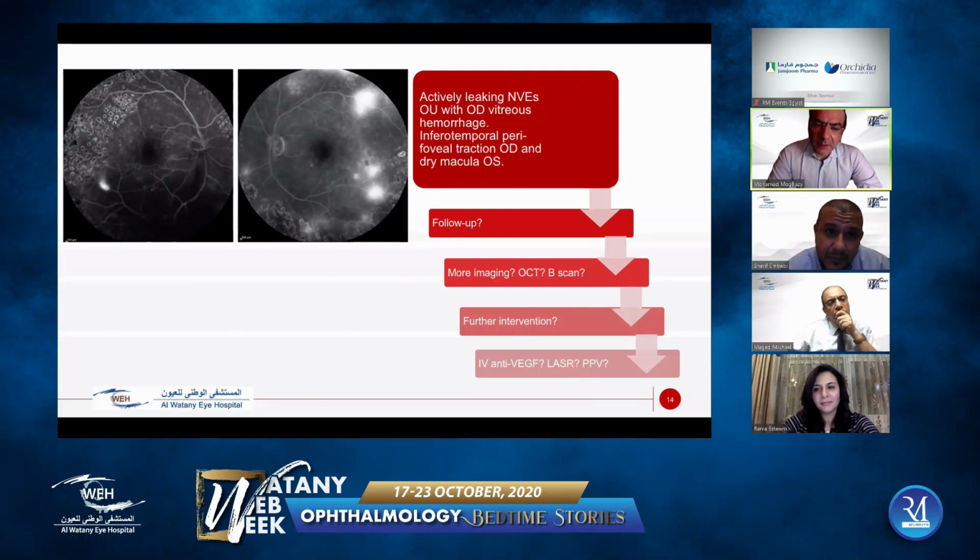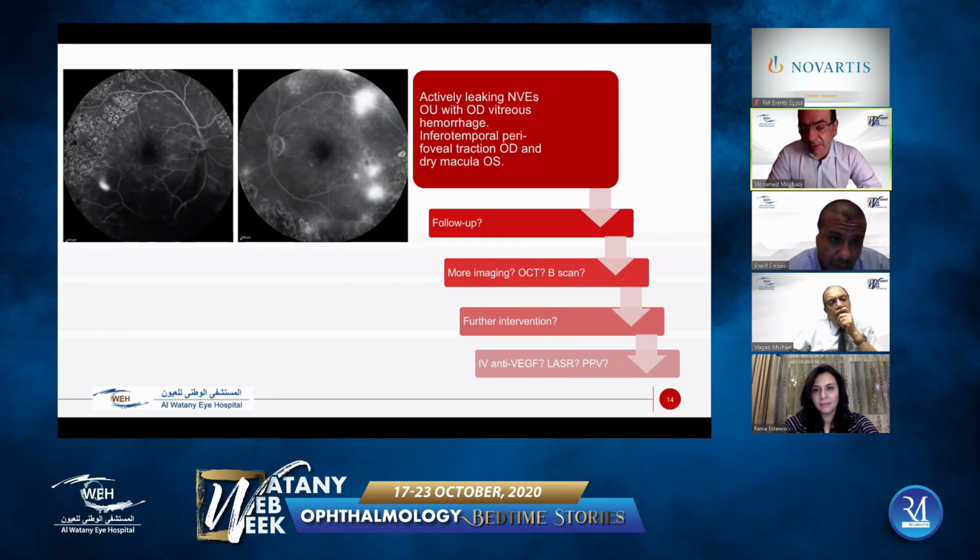Well, I personally see cases of recurrent new vessels elsewhere after PRP, in those cases very close to the posterior pole, and you know this area is somehow precious. So you don't really want to do a lot of laser at the very beginning, especially if this is a very young patient.